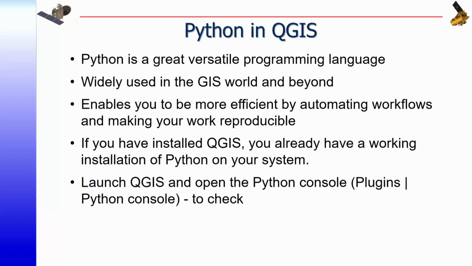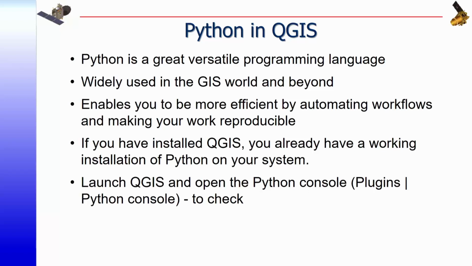And Python, as you have been learning, is a great and versatile programming language. It is widely used in the GIS world and other places also. But in the GIS world, Python is the most widely used language. It enables you to be more efficient in automating workflows.